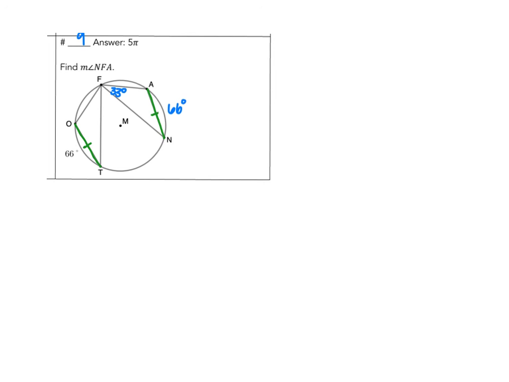So in other words, the arc from O to T, which they gave you is 66, has to equal the arc from A to N. So that's also 66. Now that A to N arc is also the arc that the angle that they asked about subtends. They asked about NFA, which I've outlined in pink. They've asked about this angle right here. Well, it subtends this arc length, which is 66. So all we have to do is cut that in half, and we get 33. So that's how he knew that the answer there was 33.